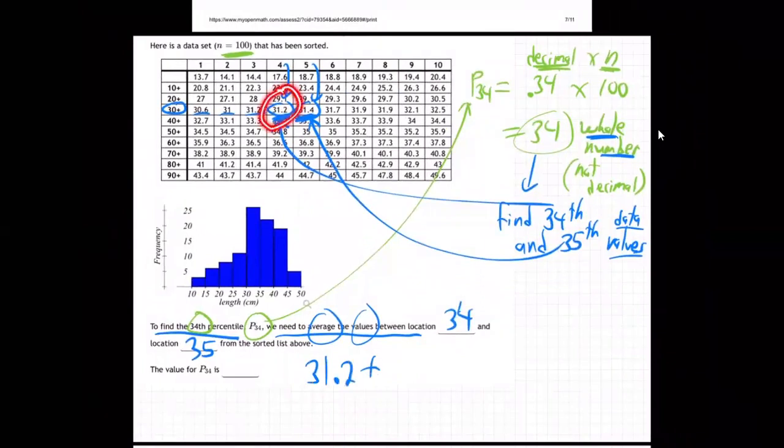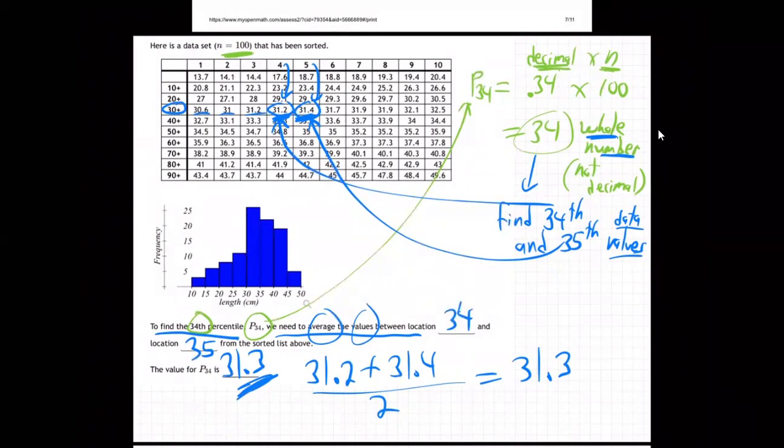That's the value in the 34th spot. And then this is the value in the 35th spot, 31.4, not much different. Add them and divide by 2. That's how we average 2 things, right? We add them up and divide by 2. If you do that in your calculator, you get 31.3. Therefore, that is the 34th percentile.